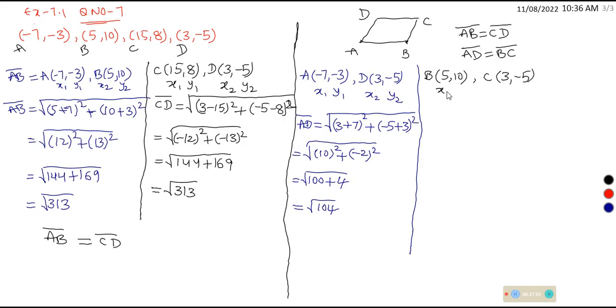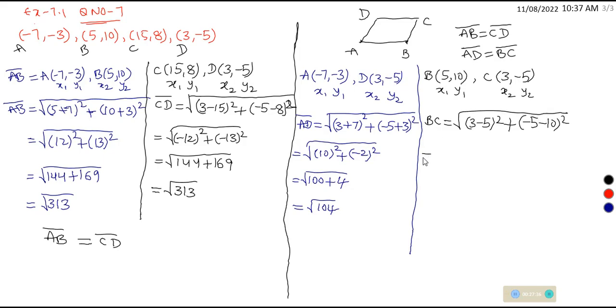So here it is x1 y1 and x2 y2. Now BC distance is equal to (x2 minus x1) whole square, 3 minus 5 whole square, plus (-5 minus 10) whole square.